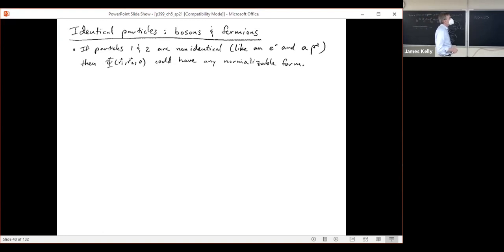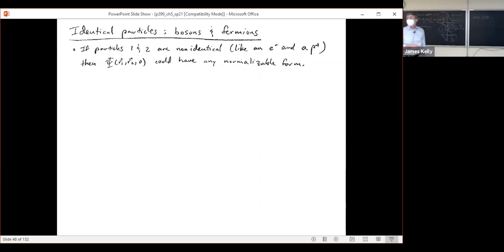Okay, let's make the connection with bosons and fermions. In general, this more general state, not worrying about whether it's a product form or not, just like psi of x for a single particle state could have any normalizable form, the same way here the generic state, psi of the particle 1 variables and particle 2 variables at time t equals 0, we could give any function of those 6 variables that we like, as long as it's normalizable.